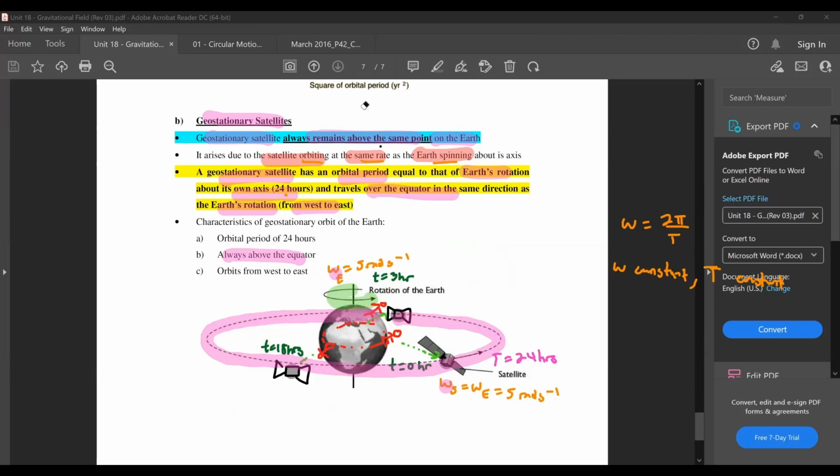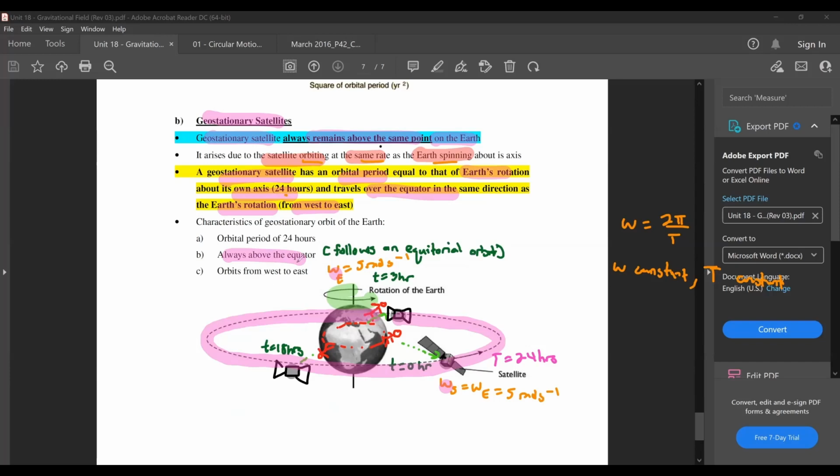In some cases, when you look at your marking scheme, rather than saying that it orbits above the equator, they sometimes word it as: it follows an equatorial orbit. This is another way of wording the same thing.